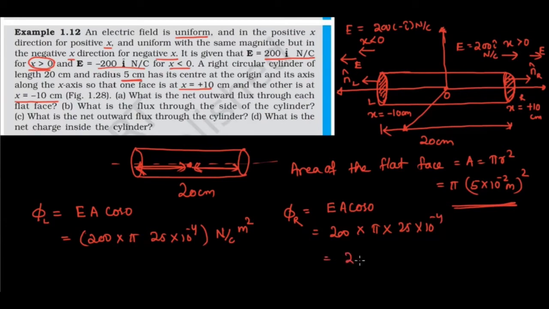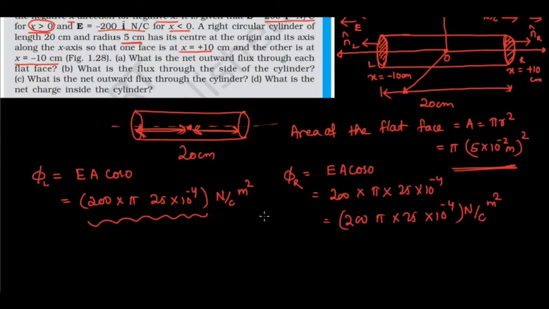So this is equal to 200 pi into 25 into 10 to the power minus 4 Newton per coulomb into meter square. This is the value of the electric flux through each of the flat faces.